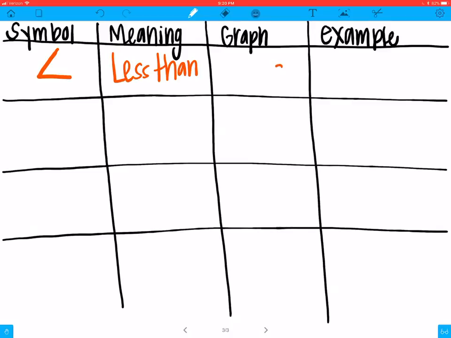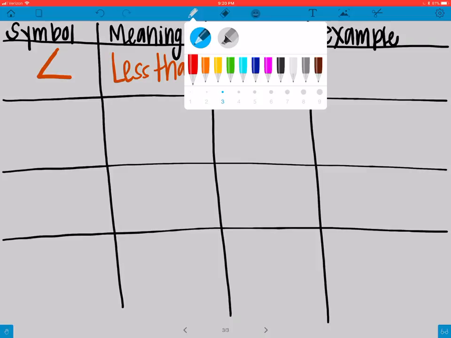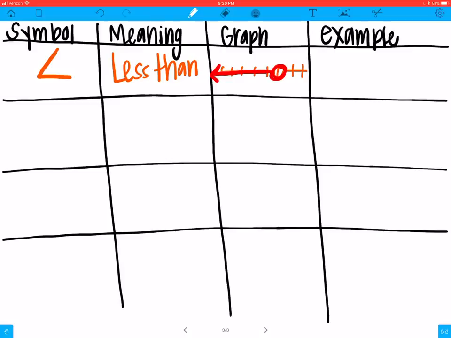So I'm plugging in less than when I see that symbol. If I graph it, I find an empty circle on a number line, and I just put a dash in there so you know it was on a number. I'm going to grab another color, and my arrow will be going to the left. I'm going less than. It must be a smaller number.